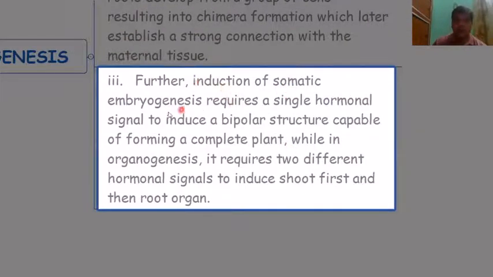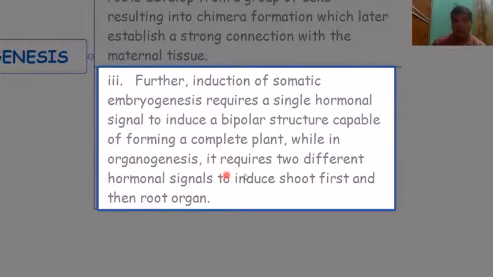Further, induction of somatic embryogenesis requires a single hormonal signal to induce a bipolar structure capable of forming a complete plant. While in the case of organogenesis, it requires two different hormonal signals to induce the shoot first and then the root organ.